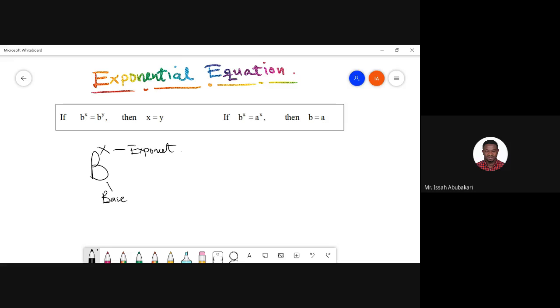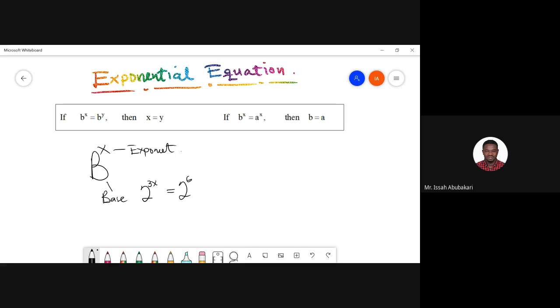So if you have two different expressions equated to each other with an equal sign, and they have the same base, it means we can forget about the base and concentrate on the exponent. For instance, 2^(3x) = 2^6.